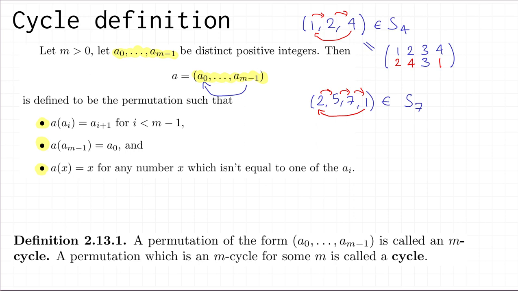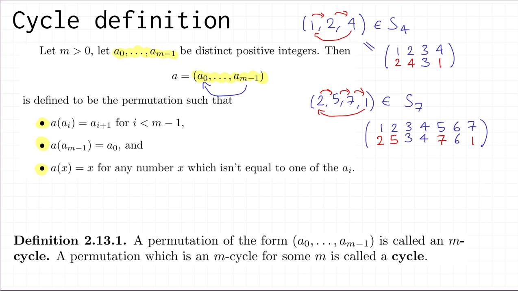So if we want the 2-row notation for this, I should have 1 up to 7 on the top, and 2 went to 5, 5 went to 7, 7 went to 1, and 1 went back to the start of the cycle to 2. All the other numbers will be sent to themselves.